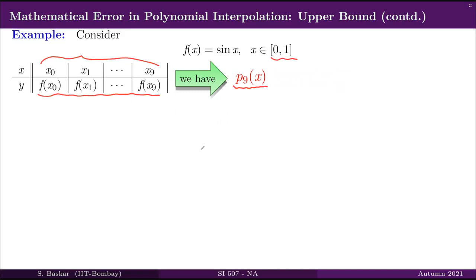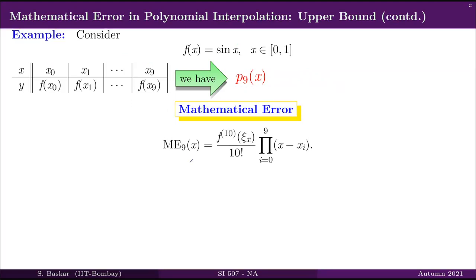Now, our question is, how well does this polynomial approximate the function sin x? From our theorem, the mathematical error involved in P9 of x when compared to sin x is given by the 10th derivative of f evaluated at some unknown point xi x, divided by 10 factorial, into the product of x minus xi, where i ranges from 0 to 9.